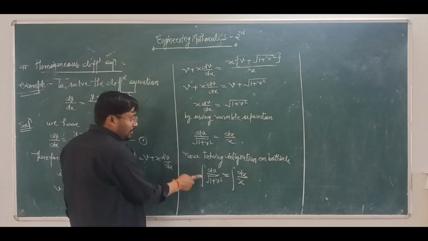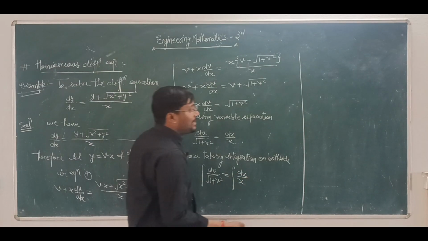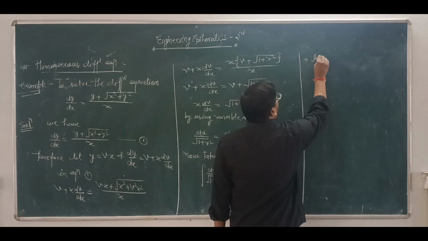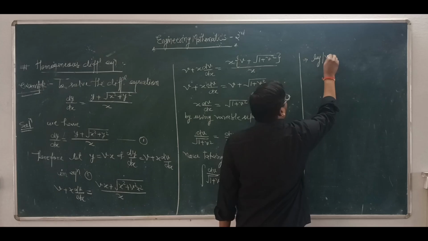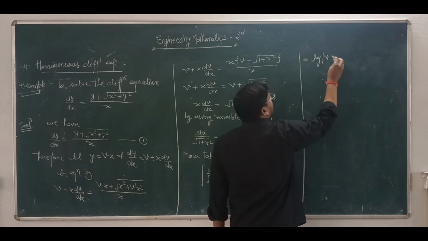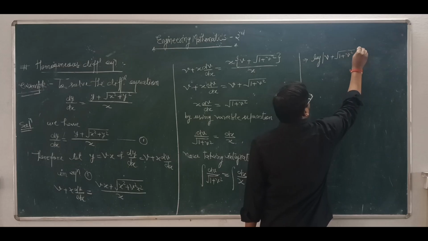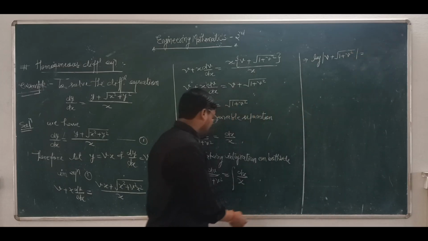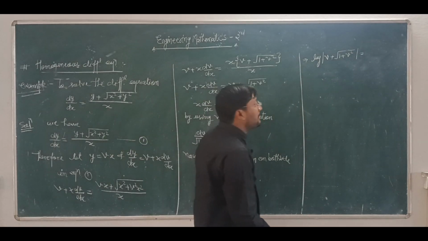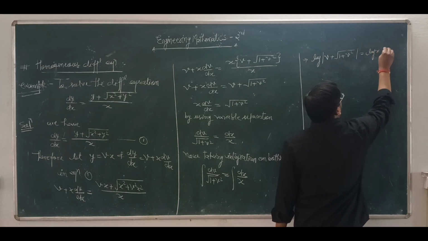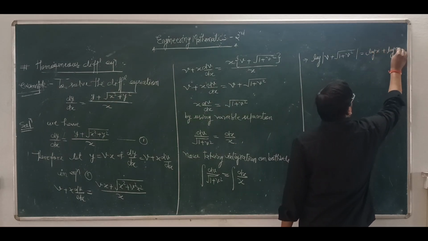Now the integration of 1 upon root 1 plus v square is equal to log of v plus under root 1 plus v square, is equal to integration of 1 upon x, which is log x plus log c.